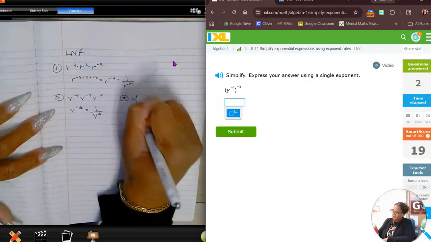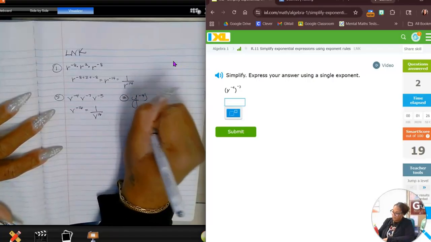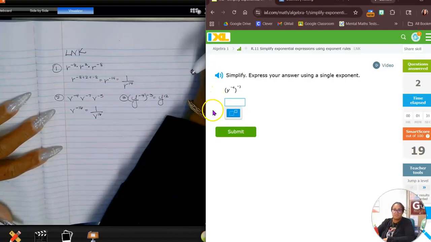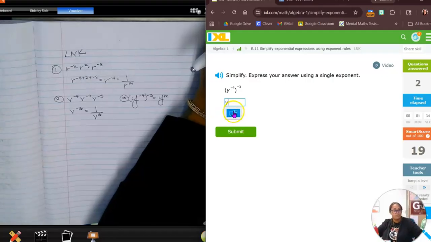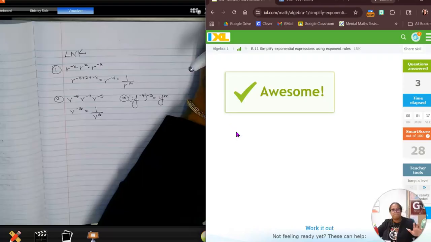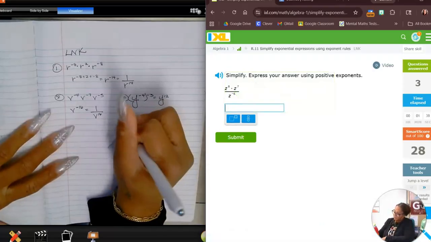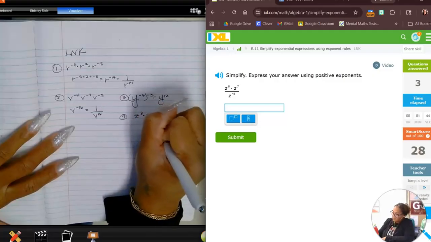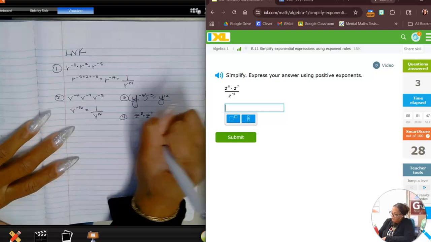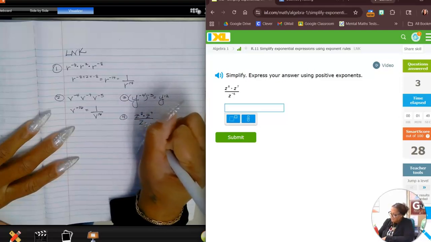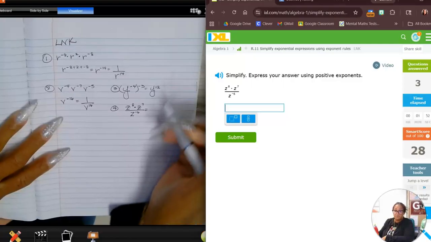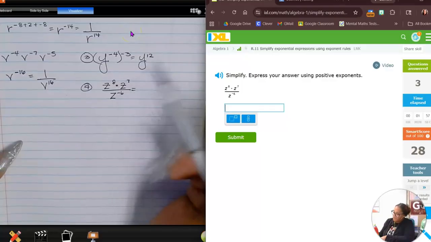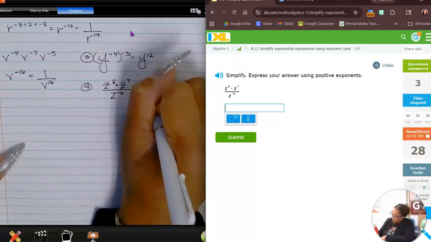Y to the -4th, raised to the -3, becomes Y to the 12th, because -4 times -3 is 12. Z to the 8th times Z to the 7th, all divided by Z to the -6th. So the first rule we must apply here is the product rule, so we add: 8 plus 7 is 15.